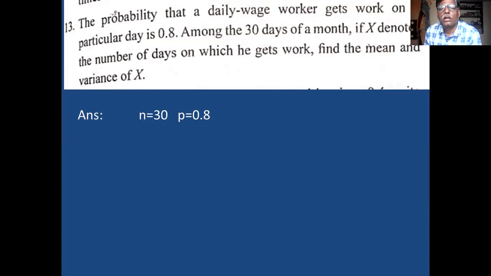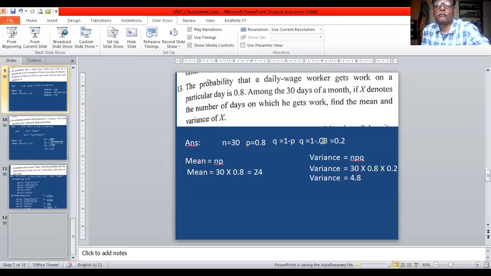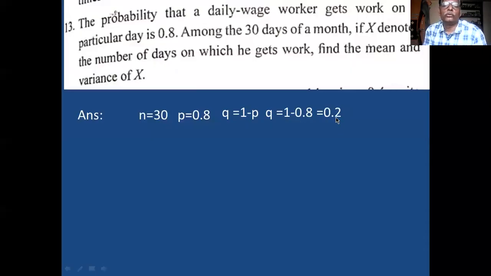Q is equal to 1 minus p. So q is equal to 1 minus 0.8, which is equal to 0.2. Okay.